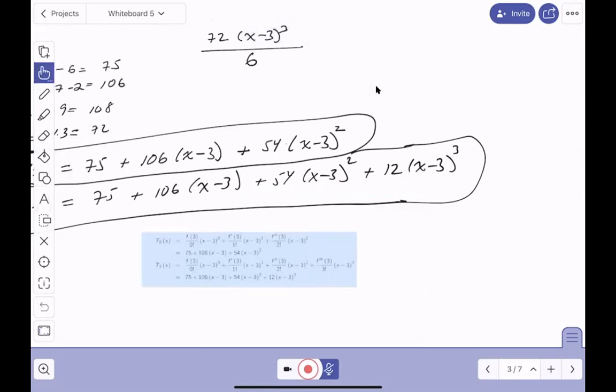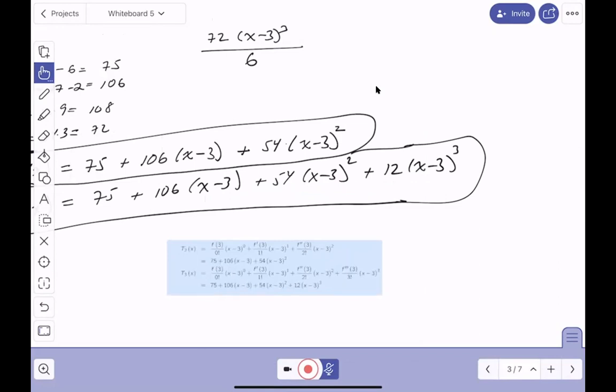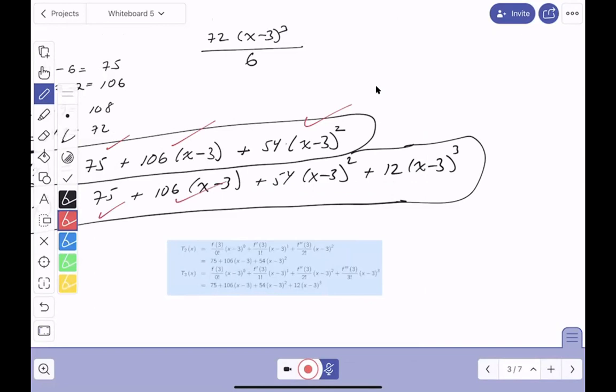I made the answer key. Let's take a look at it, see if we got the right answers over here. So T2, they say it's 75. Then they say 106 times x minus 3. Then they say 54 times x minus 3 squared. Let's look at the next one, which is T3. They say it's 75, 106 times x minus 3, 54 times x minus 3 squared, and then 12 times. Wow, we did that correct.